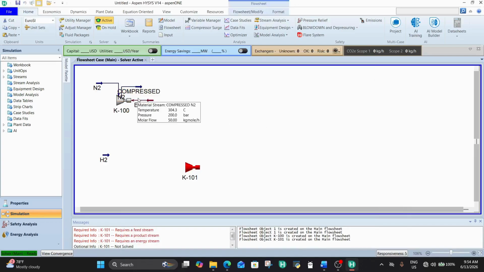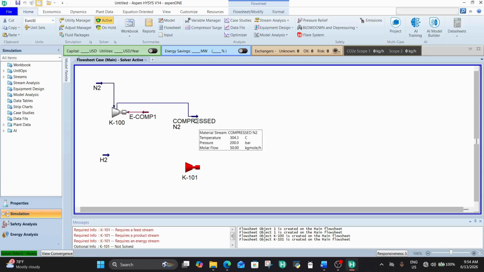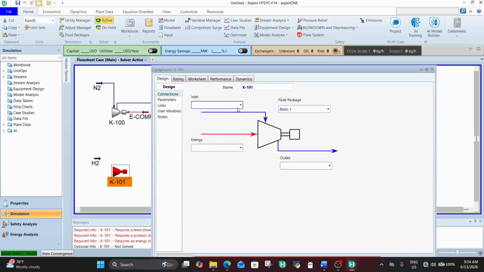Right, that's it for our compressed nitrogen. So we do the same thing for our hydrogen. Hydrogen plug in, ecomp to energy label, compressed hydrogen.